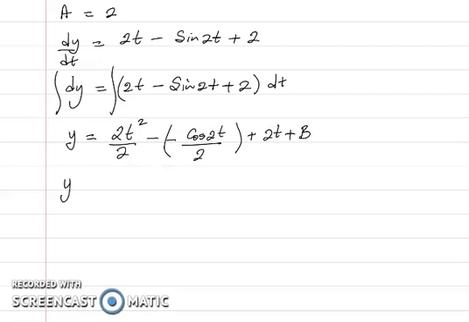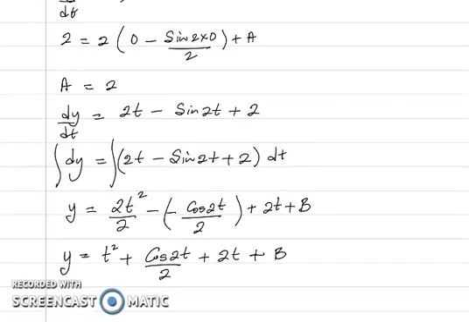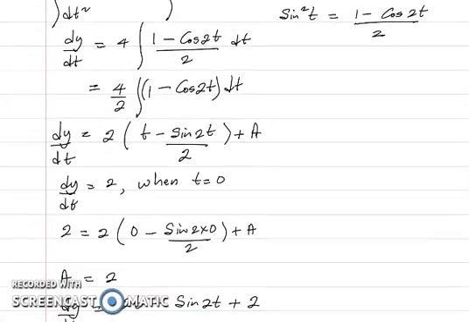So now we have y is equal to t squared plus the cosine of 2t over 2 plus 2t plus b.